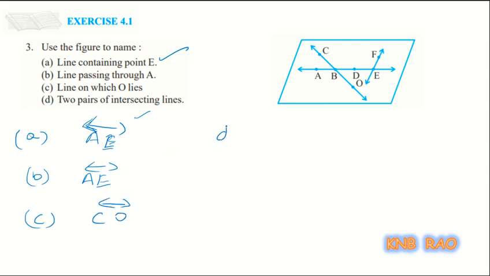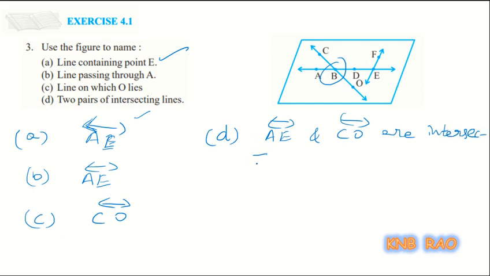Next, in the case of D, two pairs of intersecting lines. See, at B, line AE and line CO are intersecting at the point B. This is one.